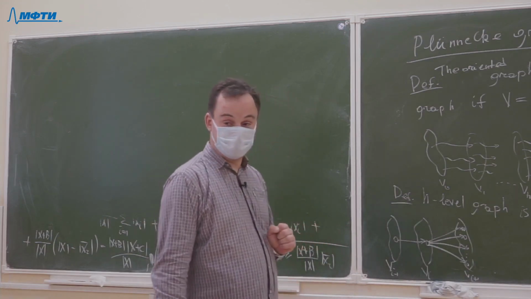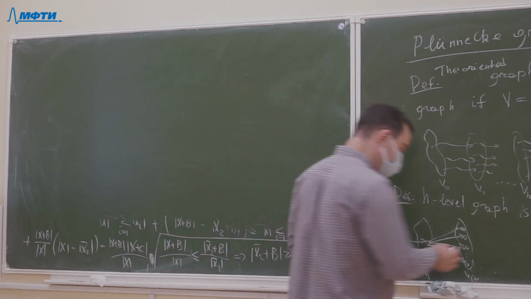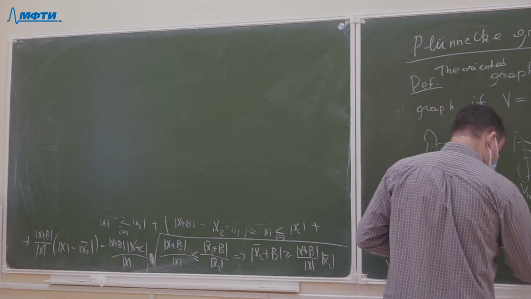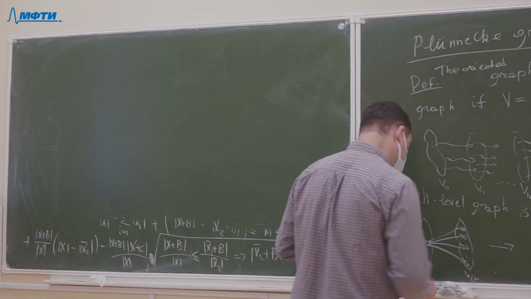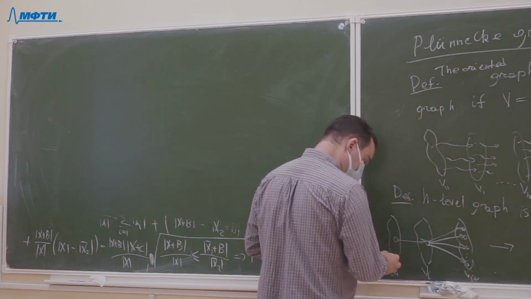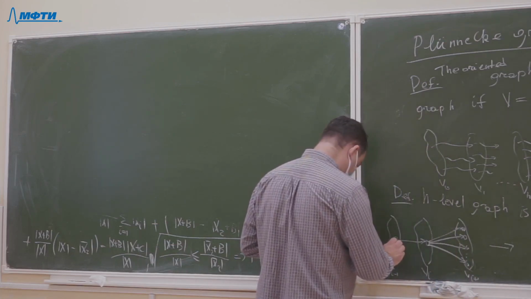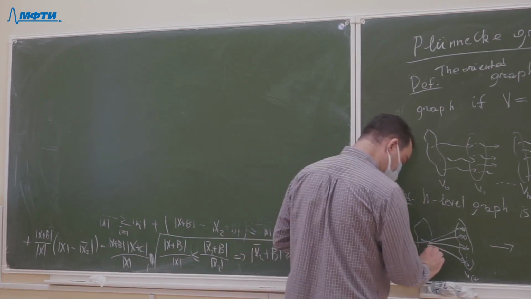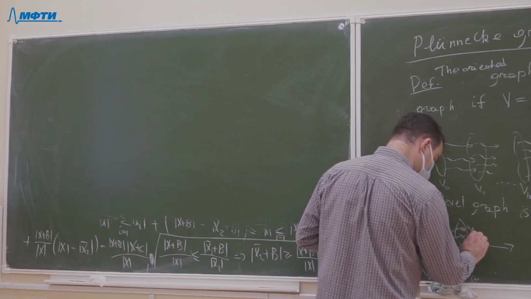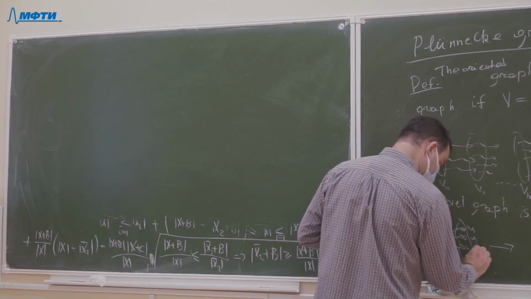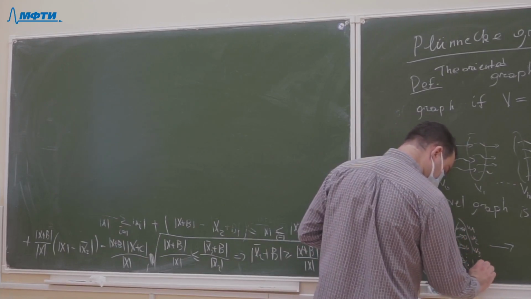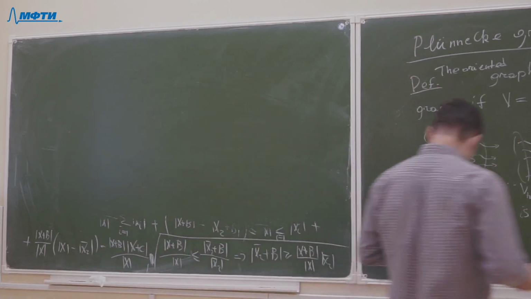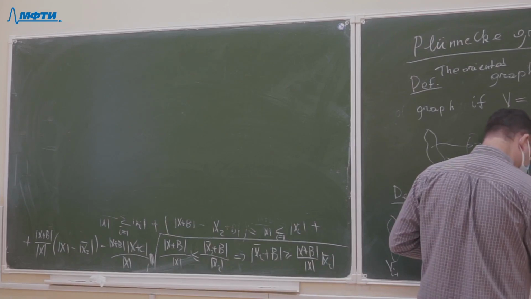If we have this configuration, we must find this configuration. Well, let's denote this somehow. U, V, W1, W2, W3, WK. We must find this configuration. This is U.